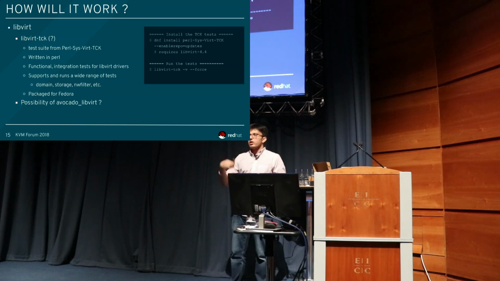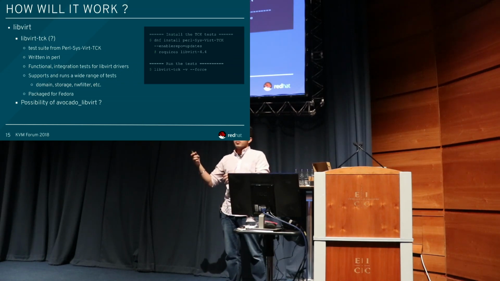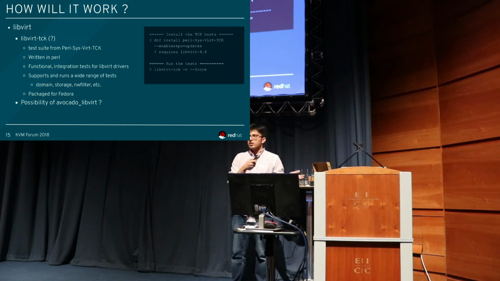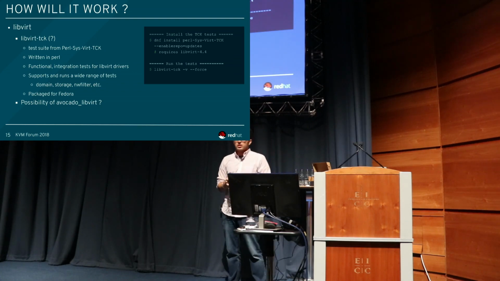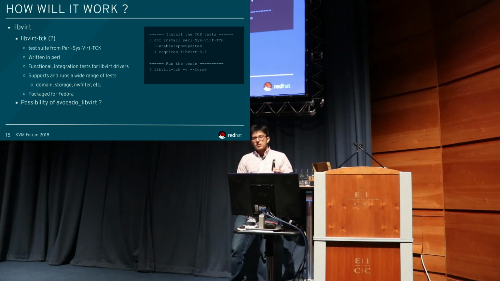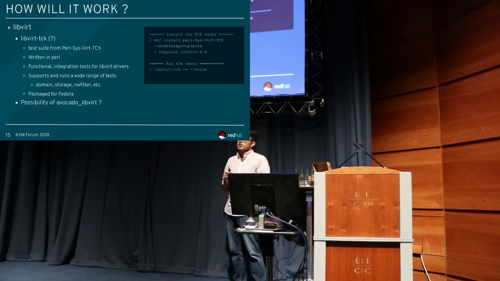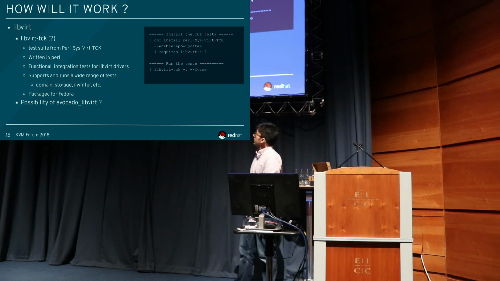But if you try Rawhide or a 29 beta, it does work. The package is available in the Fedora updates repo, and I'm not sure if it's packaged for other distros, but this is one of the options that I looked into.